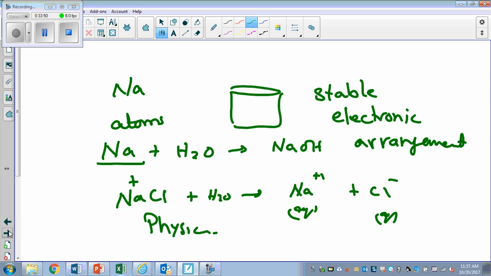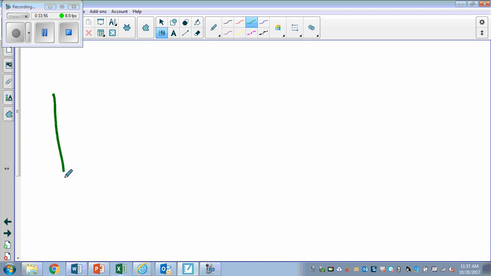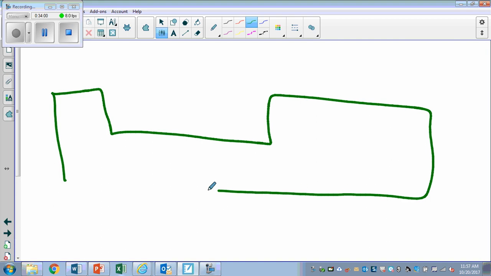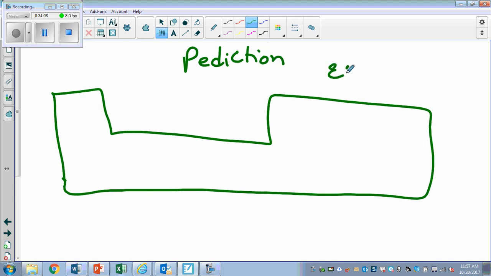Now we can also talk about how to predict ionic compounds. How do you know which elements will make ionic compounds and which elements will make covalent compounds? So we know that prediction of an ionic or covalent compound is based on electronegativity. Okay, electronegativity is the force of pulling the pair of electrons towards itself.